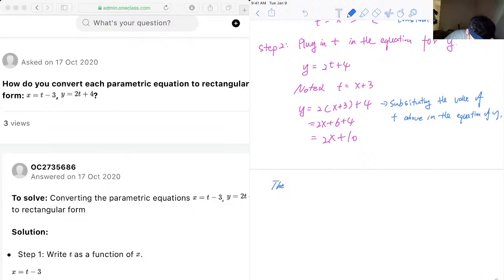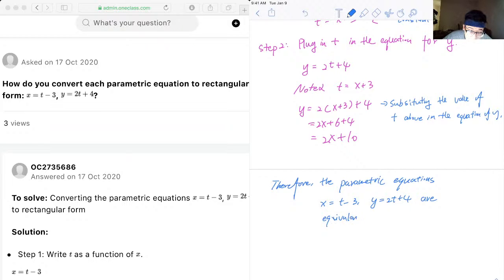So therefore, the parametric equations x is equal to t minus 3, y is equal to 2t plus 4 are equivalent to the rectangular equation y is equal to 2x plus 10. Okay?